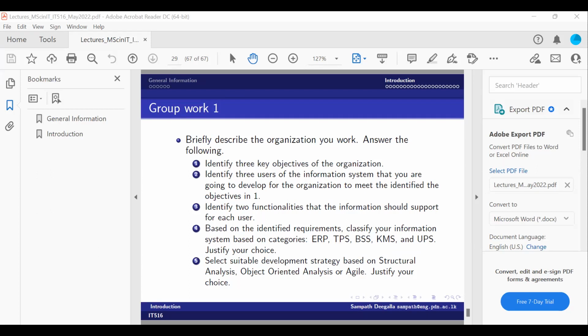I put the handout in the WhatsApp group.